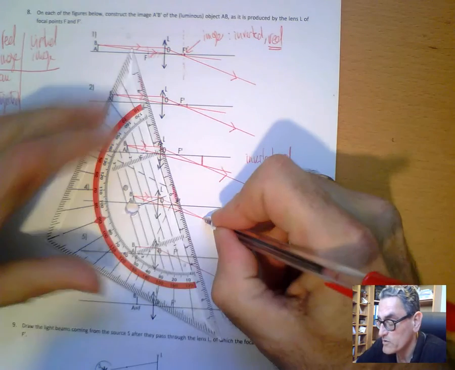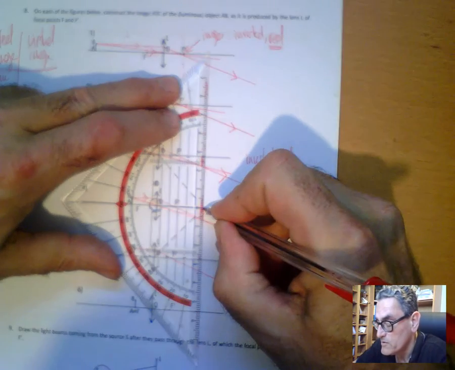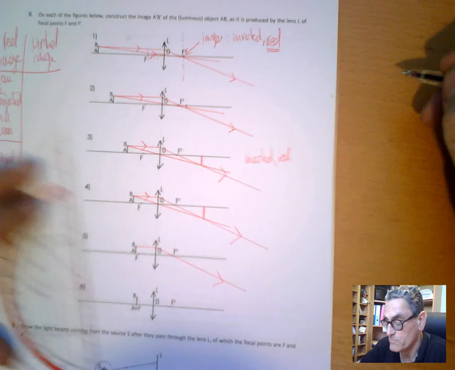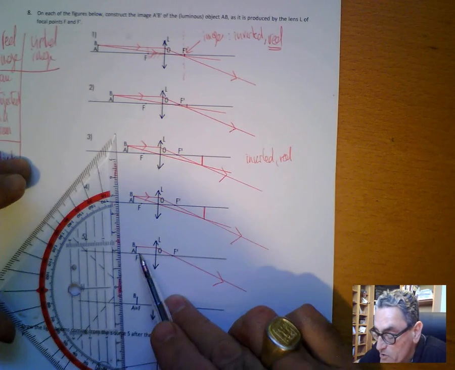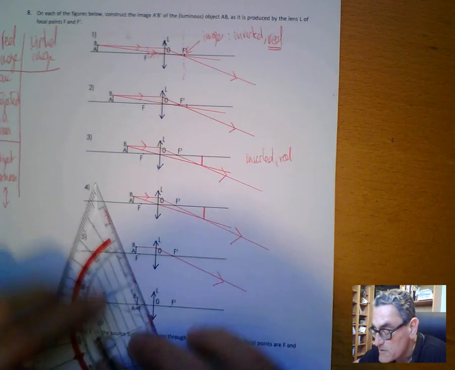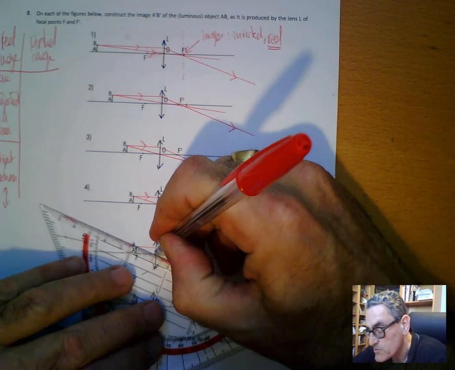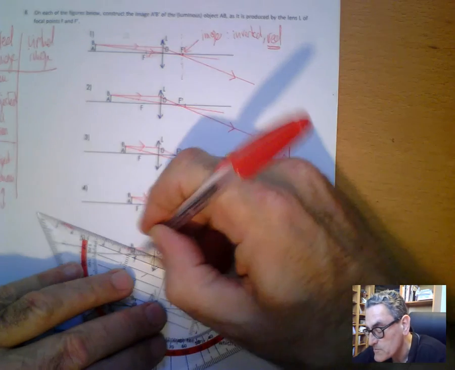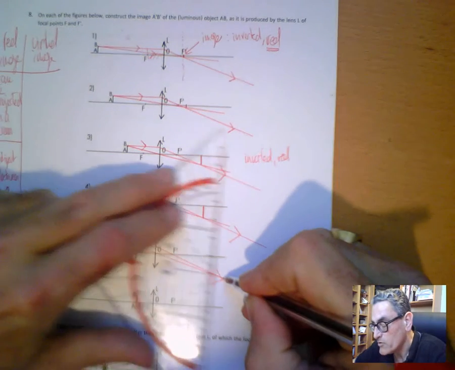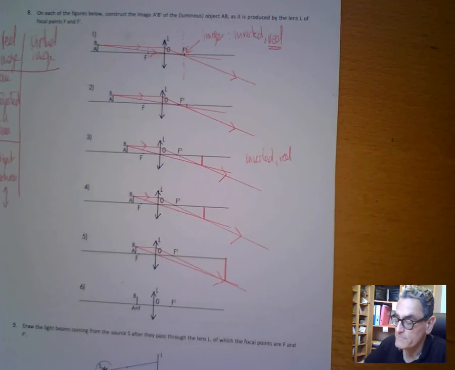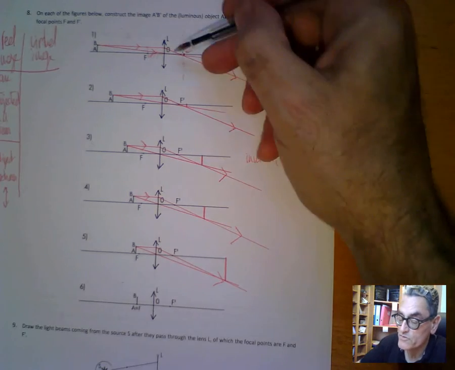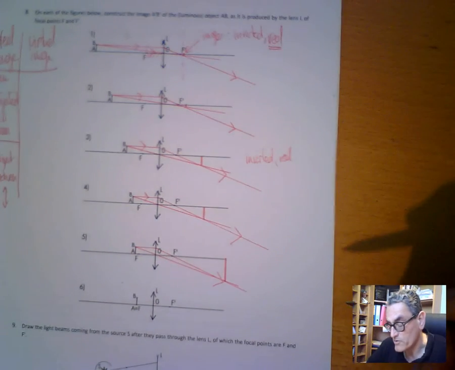We have an image which is a bit bigger, a bit further. We are not at the focal point yet, so now we trace this, and our image is here. Okay, so we observe the same behavior we saw in the simulator.